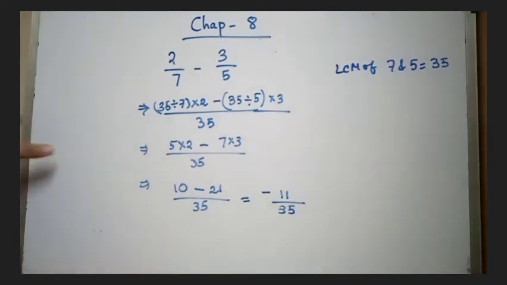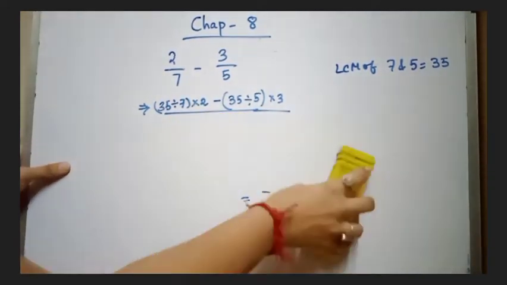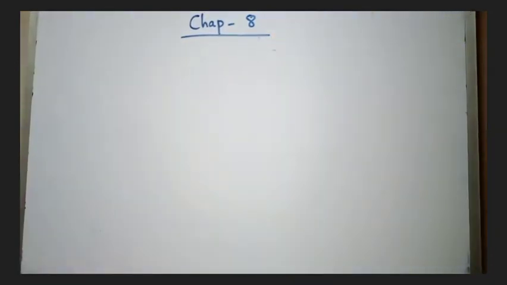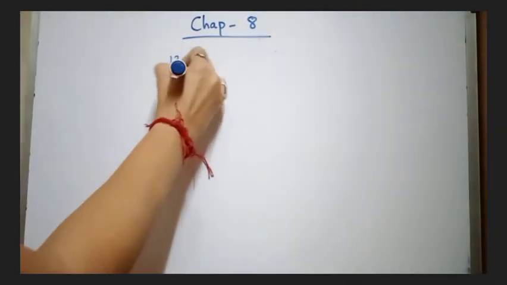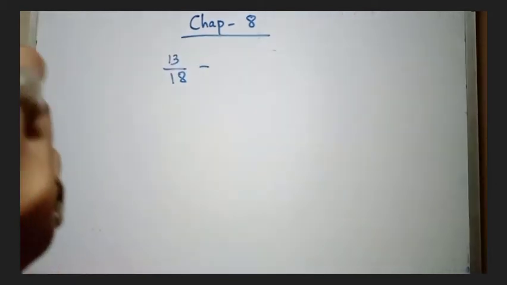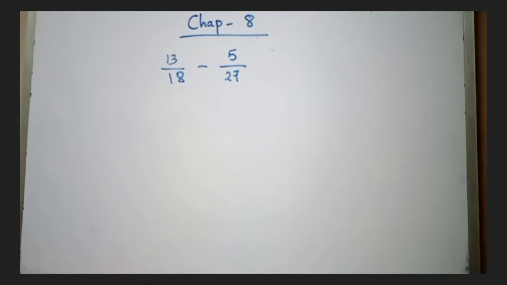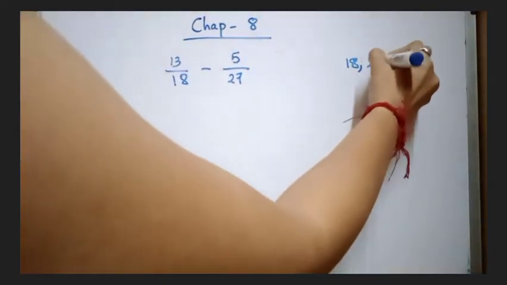So I am giving an example which will be suitable for you. Taking an example, suppose 13 by 18 minus 5 by 27. I have taken this from your book, page number 99. What we have to do is find the LCM of 18 and 27.